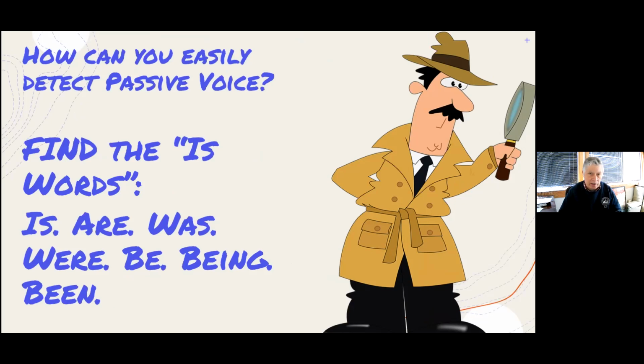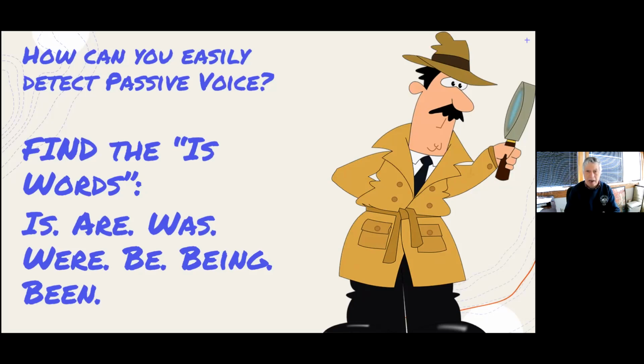And if you work at this, I have found that in reading writing, they start to jump out at you as you try to eliminate the is words. After a while, it becomes automatic and you start to see those.